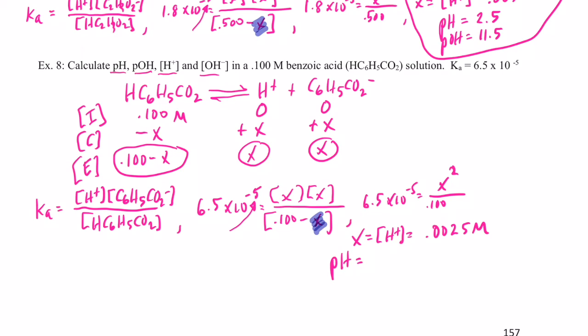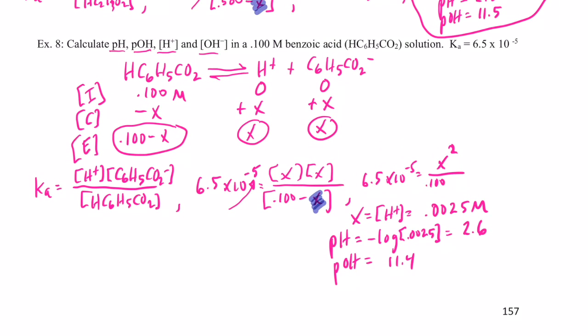Now the pH is pretty simple. That's the negative log of that. So let's see what that turns out to be. 2.6. And the pOH is pretty simple now. Wouldn't that be 14 minus the pH, which gives me 11.4.